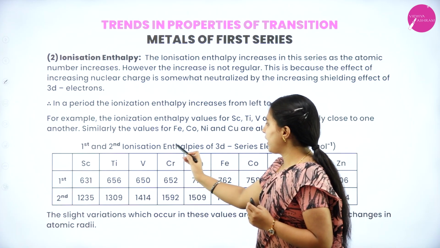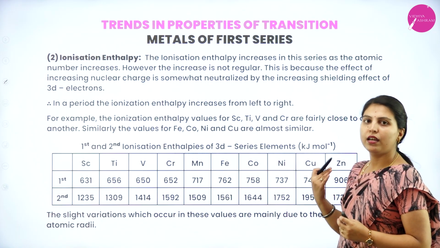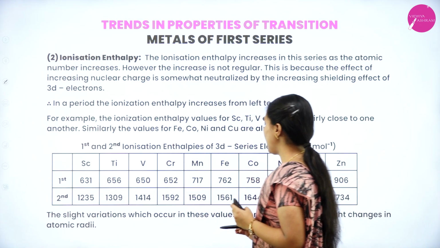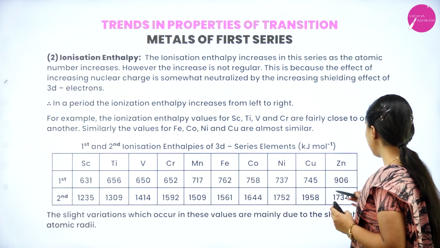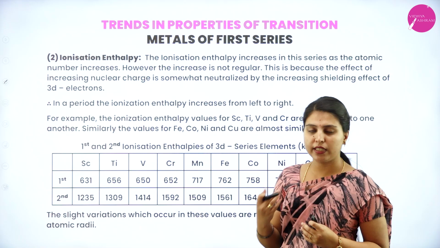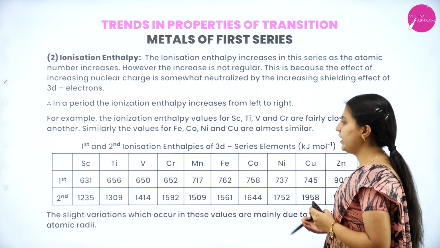First and second ionization enthalpies of 3d series elements are measured in kilojoule per mole. The slight variations in these values are mainly due to slight changes in atomic radii.